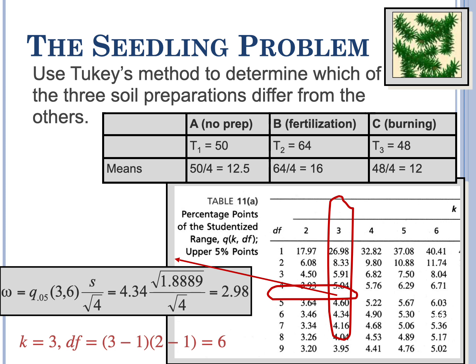Okay. So now the next step is to rank the treatment means from smallest to largest. The smallest one is treatment C, which is burning. And then the next one is no preparation, which is treatment A, and treatment B is fertilization.